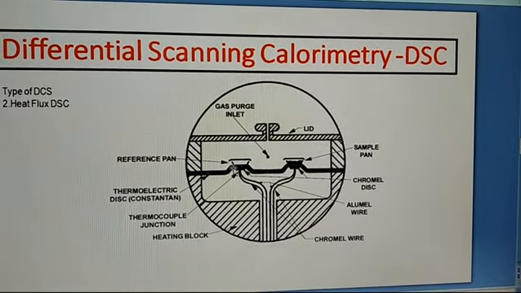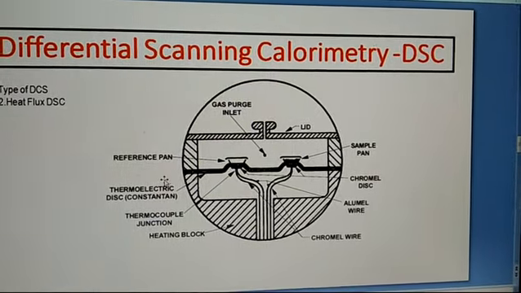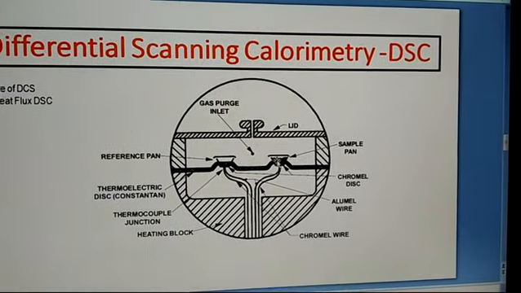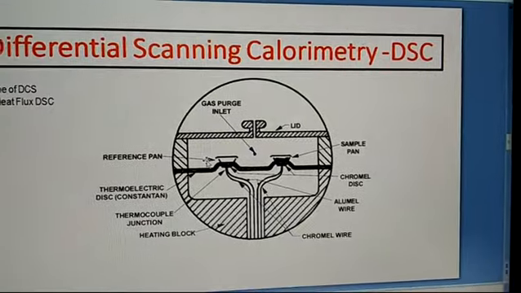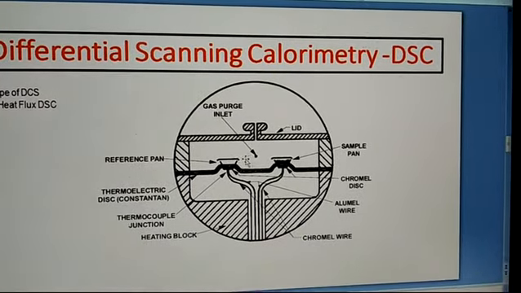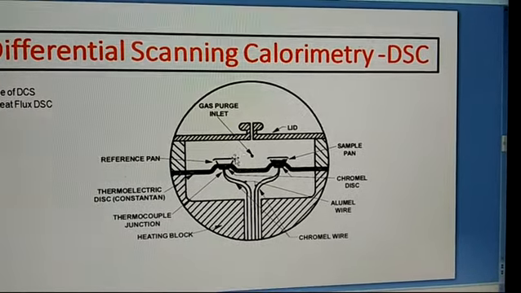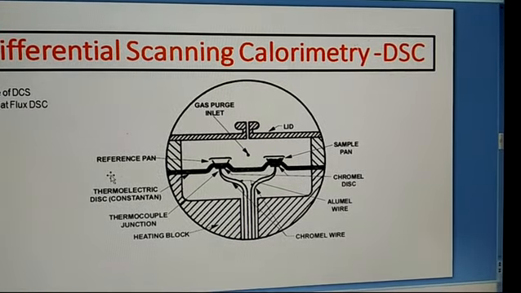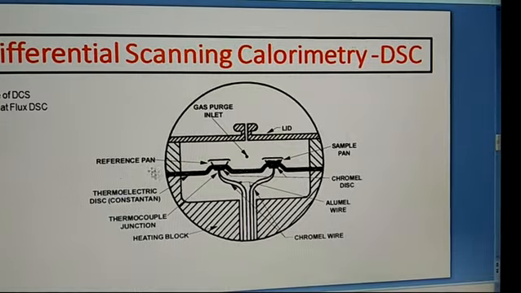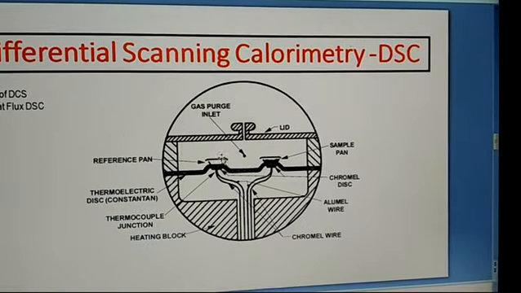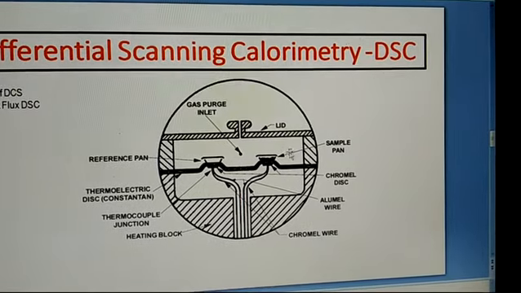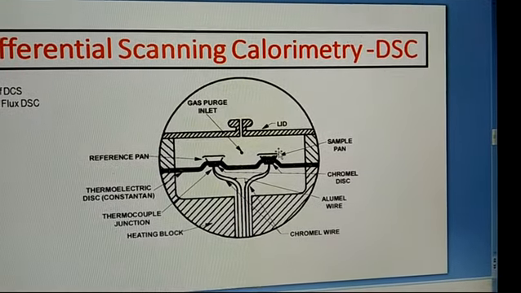When we supply heat, it flows to the conical disc, and the heat is absorbed by the reference pan as well, and then heat is transferred to the sample pan. First we apply the heat, then the heat is absorbed by the reference pan, then the heat is transferred to our sample pan.